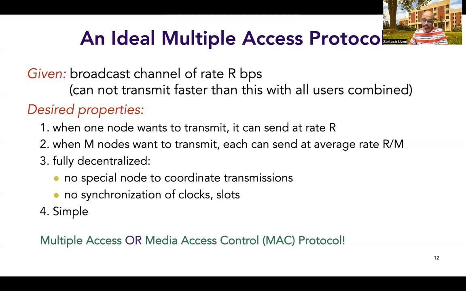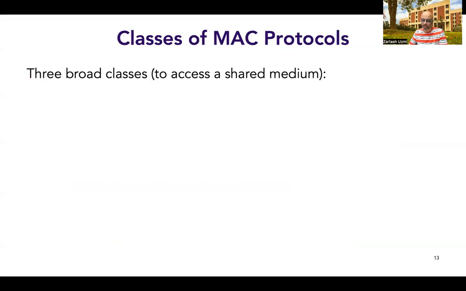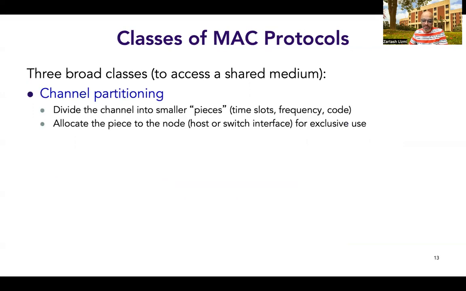There are many MAC protocols or multiple access protocols which exist. We are not going to talk about all of those. I will just give you a brief high level view of the broad classes which are used to share access to the shared medium. One is the channel partitioning protocol, in which you have time slots or frequencies divided. So I transmit at one frequency, you transmit at another frequency.